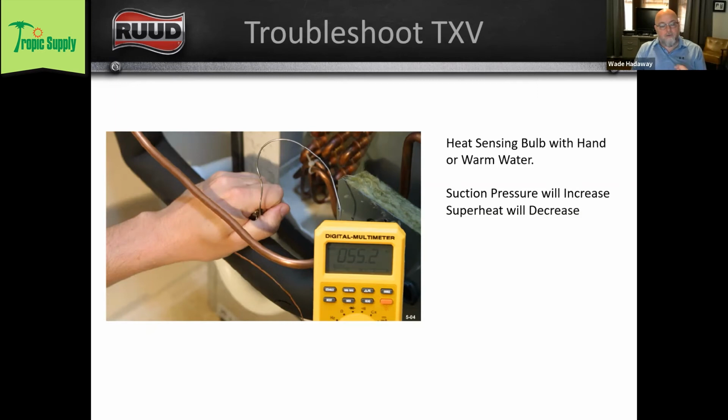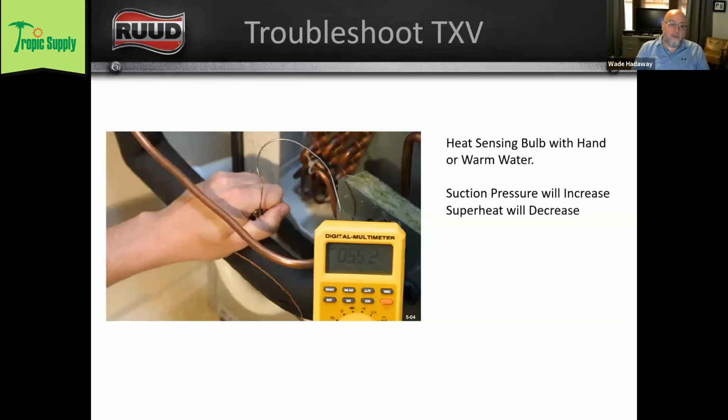So if you think that your valve's not responding, or you think you've got a dead valve or whatever, just disconnect it, hold it in your hand for a little while, and take a look at your pressure or your temperature.